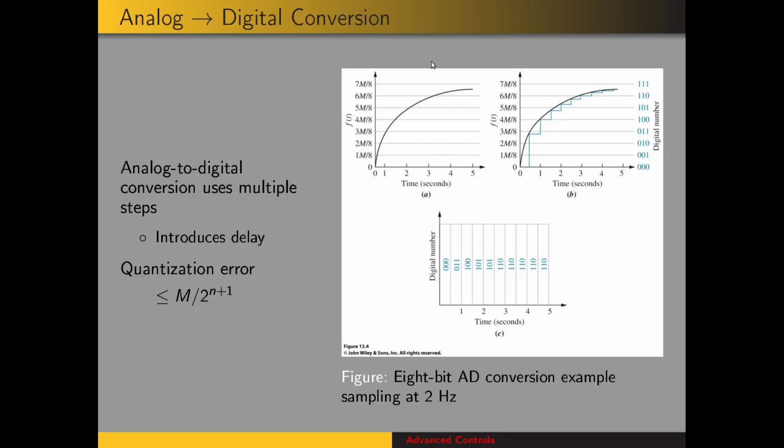This chart shows a continuous time signal, f of t, and here's time on the horizontal axis, and then we're converting that to a 3-bit signal. So these are our different digital values. Now we're going to sample this signal at 2 Hertz.